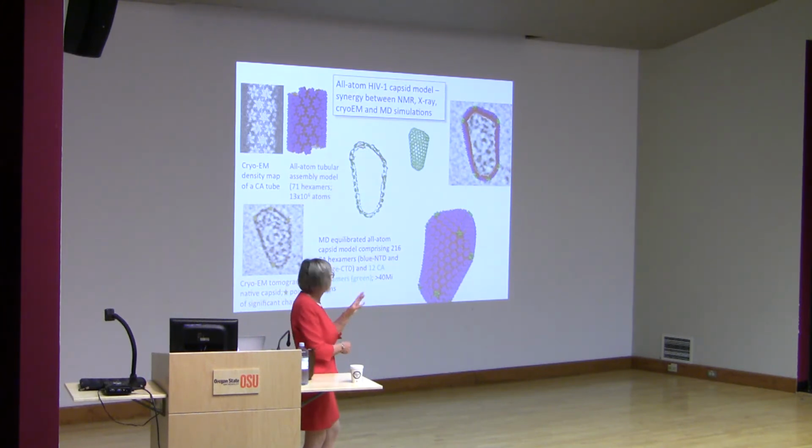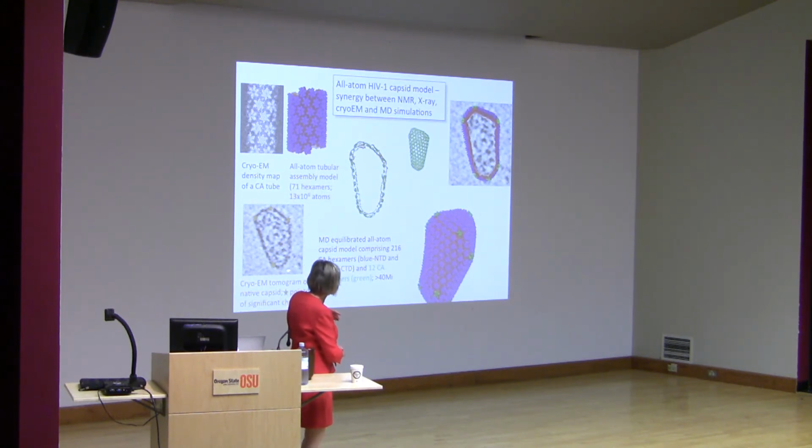assembled this all-atom tubular model from which we knew what it looks like in terms of the hexamers. And then we fitted this to the outline of the tomogram. And although it was well known that you'll have a hexameric lattice, and that if you want to close a hexameric lattice, you have to put pentamers in, it wasn't clear where the pentamers are, and up to now people have made only very symmetric mathematical cones.